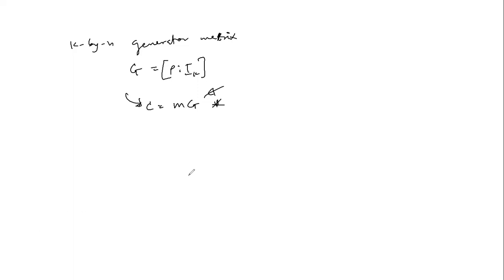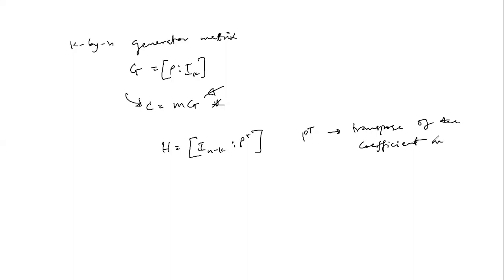Alternatively, the relationship on the parity check bits will be given as H is the same as I n minus k and the transpose of the parity P, where P transpose is the transpose of the coefficient matrix P, and I n minus k is the corresponding identity matrix.